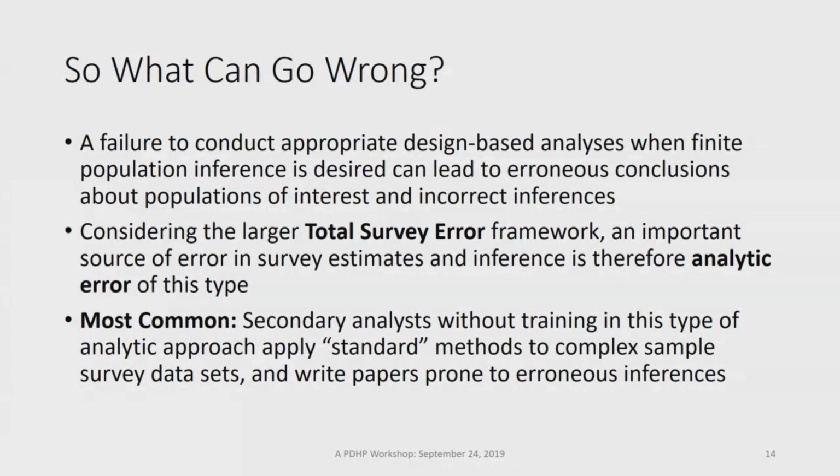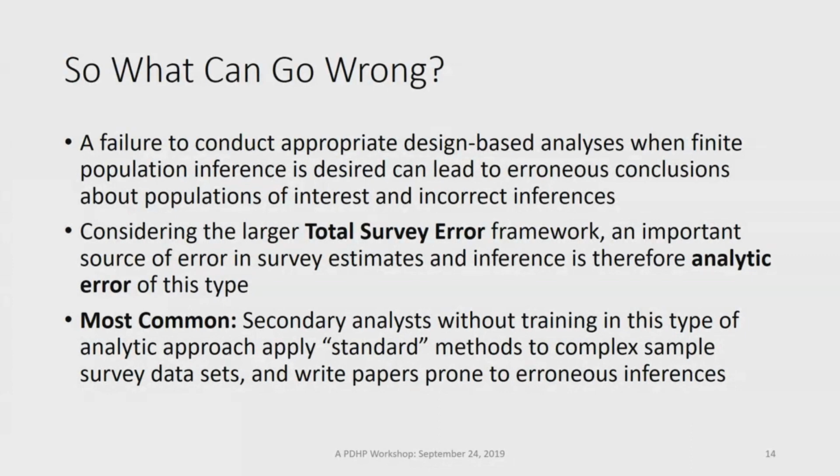But when that data set gets handed off to a secondary analyst who is not responsible for preparing the survey data set, if that analyst completely ignores all the features of the sample design, all the work to minimize all the other sources of survey error is wasted. That's the issue here. Okay?